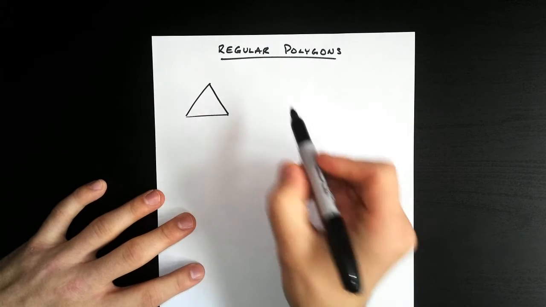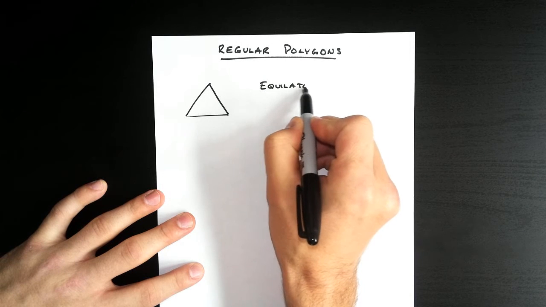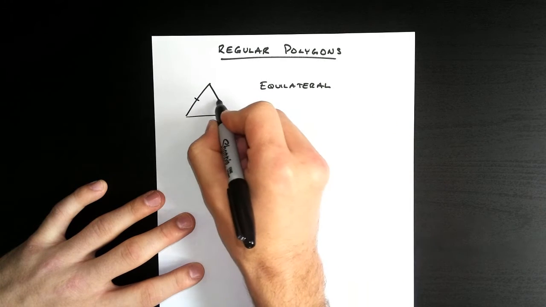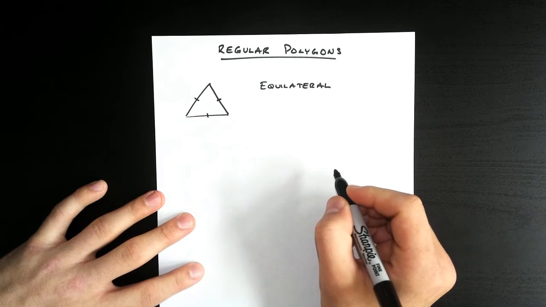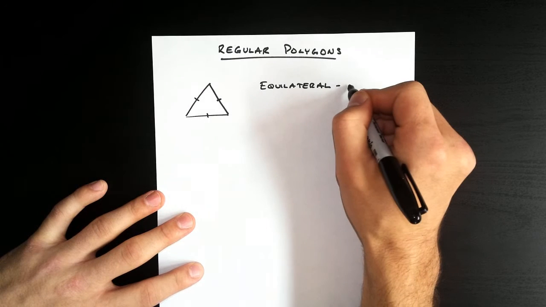So equilateral means that all the sides are congruent. So for example, an equilateral triangle or maybe a square.